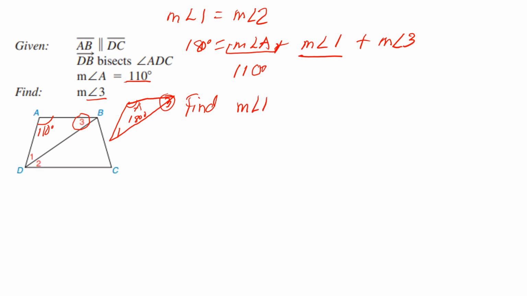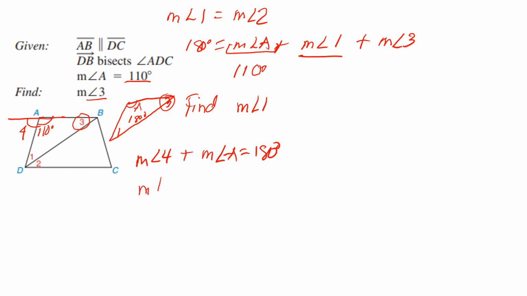So this is how we're going to do it. This segment AB will be extended. And we are going to form this angle, and this is angle 4. Notice that this angle 4, measurements of angle 4, is supplementary to the measurements of angle A, and that is equal to 180 degrees.